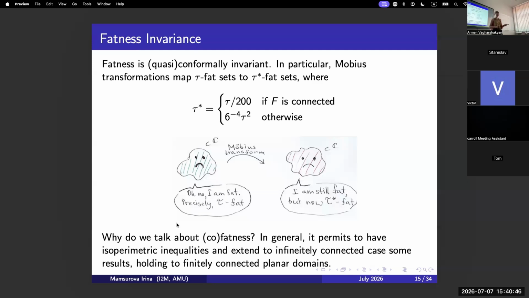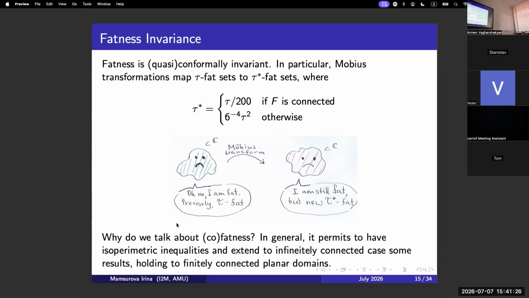What you probably mean is that it is quasi-conformal or conformally invariant if you are considering mappings of the whole plane or the sphere, because you can map any simply connected domain to any other, in particular to a non-fat one. So that's why it's important to say it's globally quasi-conformally invariant. Thank you. If it's a conformal mapping of the whole plane, then it's fine, but if it's conformal on the domain, we can map, like in the examples we have with the slit.